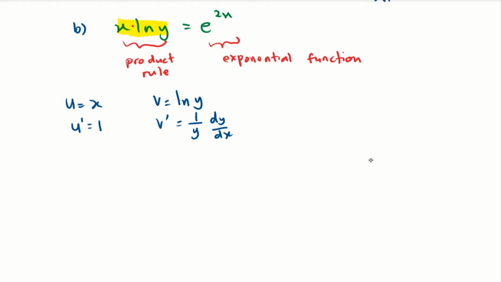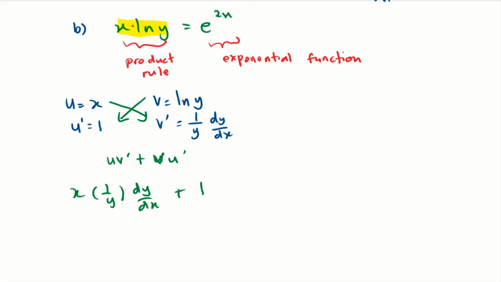So jadi dia akan jadi v prime equals to 1 over y dy dx. And then kita apply product rule formula, which is u v prime plus v u prime. So then x darab dengan 1 per y dy dx plus ln y darab dengan 1.